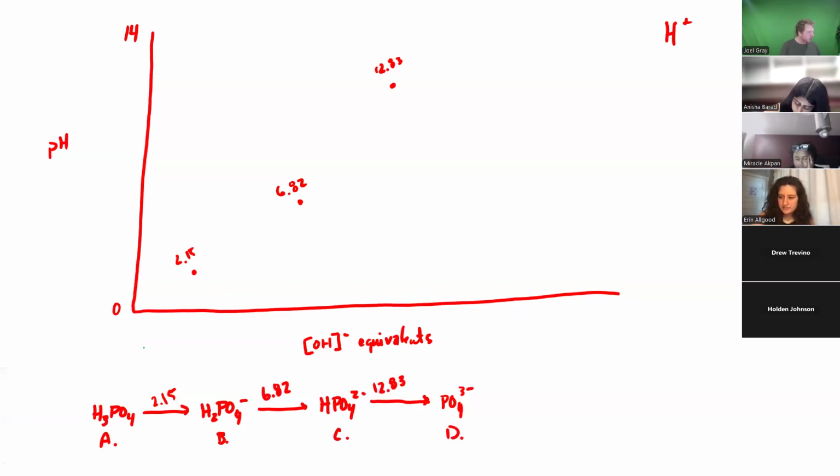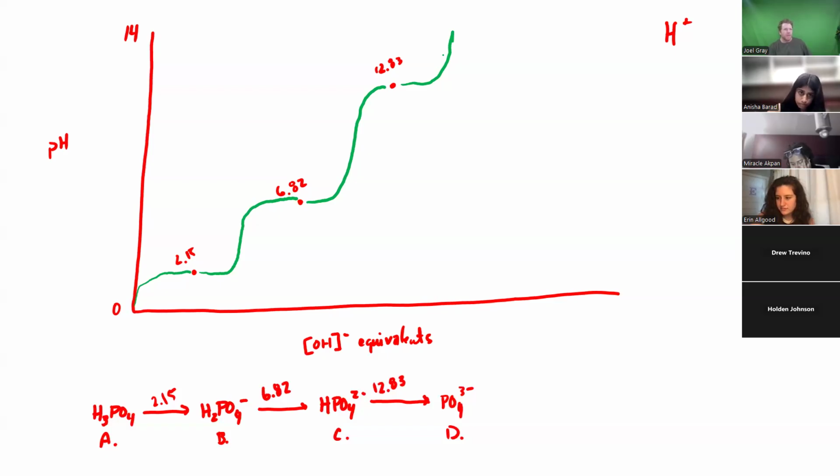I can go to green. There we go. And some regions of that titration curve are better than others. But this gives me a rough titration curve for this molecule. I've got my 3 points, my 3 pKa values, and I've got 4 different forms of it.